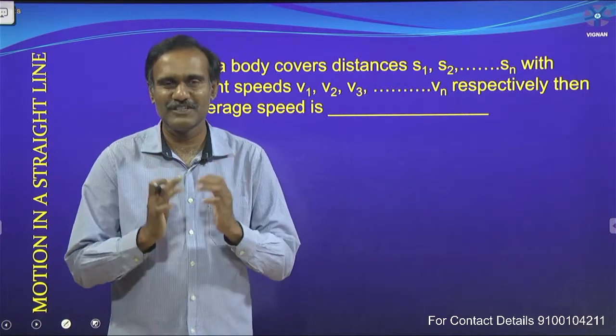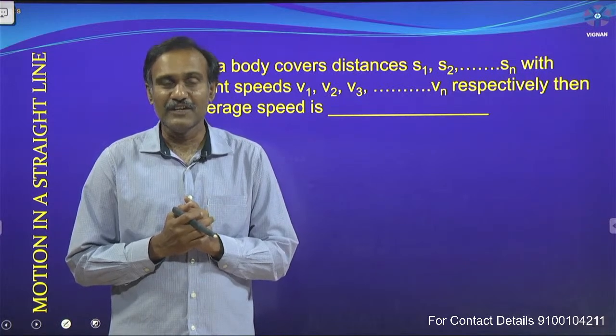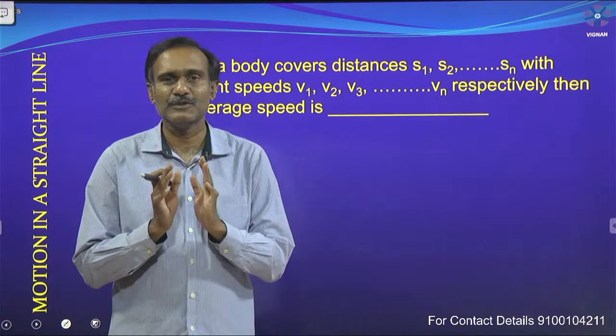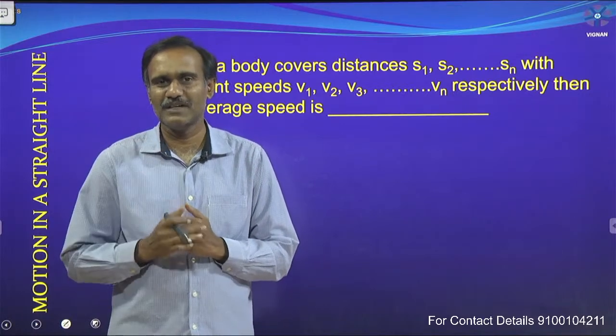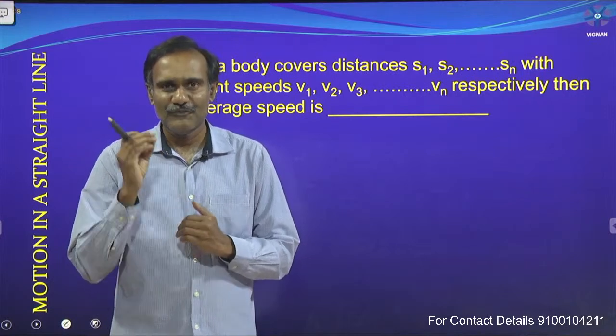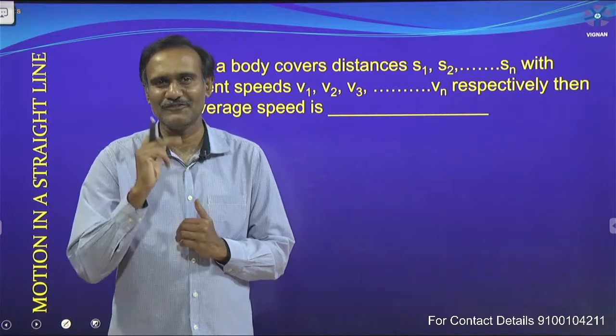What is the correct definition for the displacement? It is the difference between final position and initial position. Displacement is nothing but the difference between final position and initial position. Remember that definition.